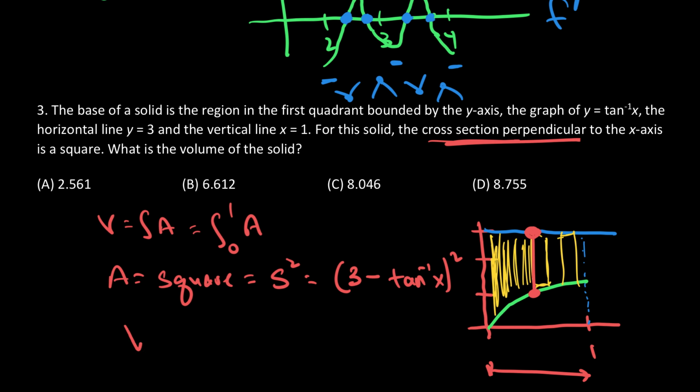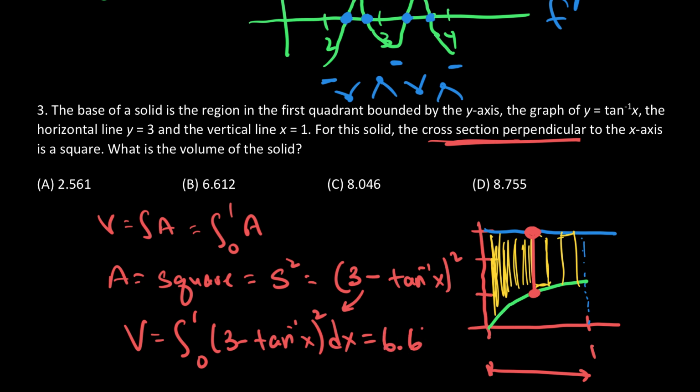So the volume would be equal to the integral from 0 to 1 of 3 minus the inverse tangent of x, squared, dx. I forgot to put the squared because it's the integral of the area. Put this in your calculators and you will get an answer of 6.6123, which is B.